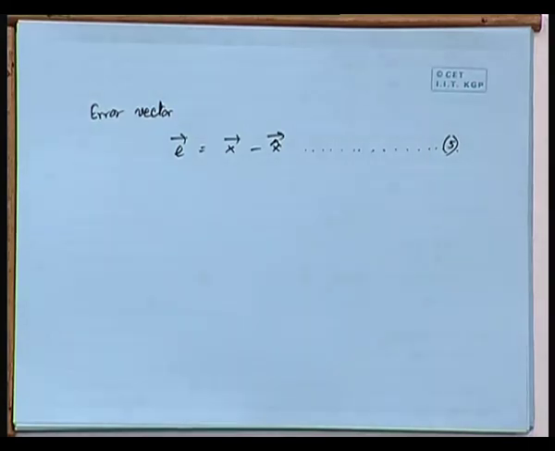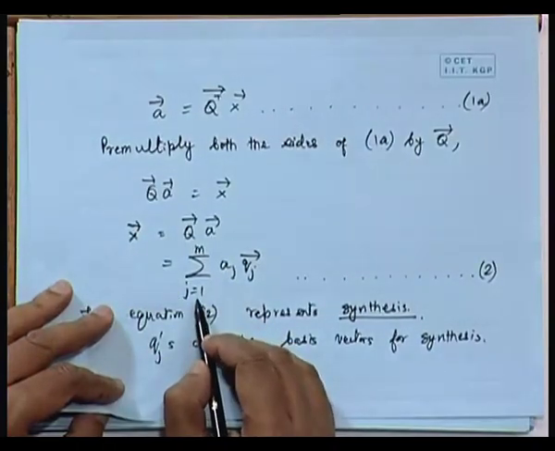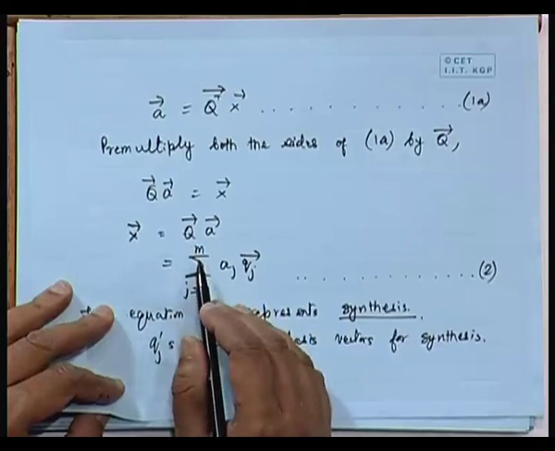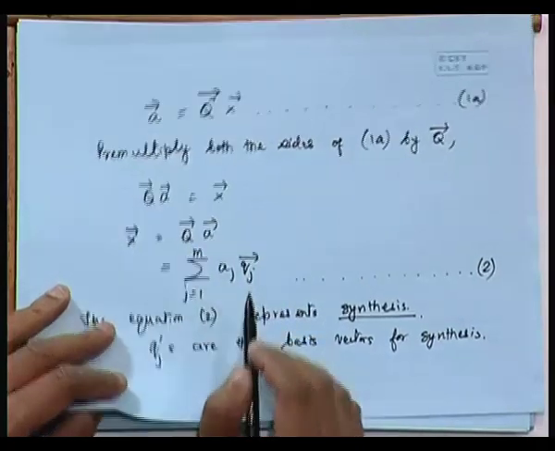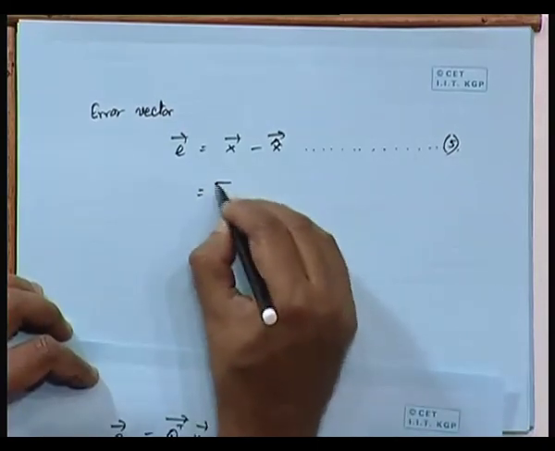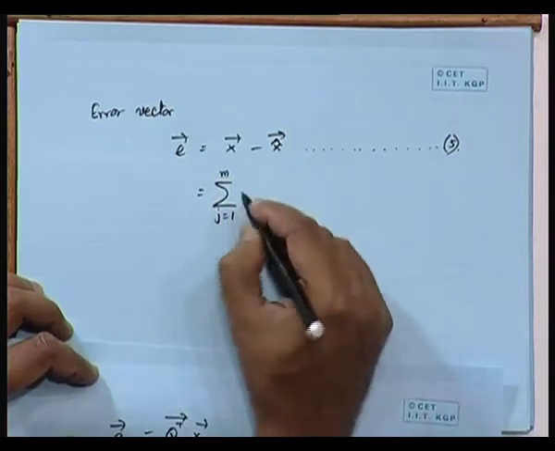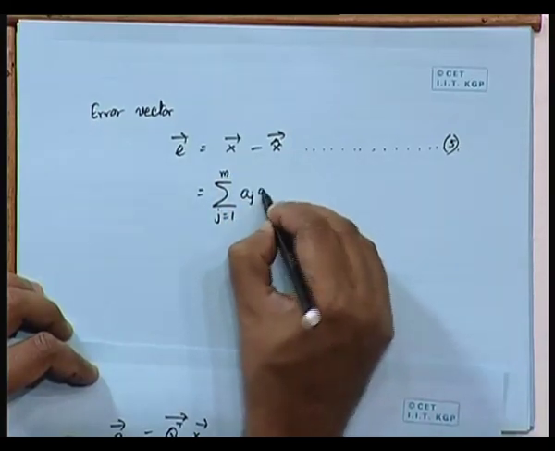Equation 2 tells us that x is equal to the summation j equals 1 to m of aj qj. So, if we write it down, this is equal to the summation j equals 1 to m of aj qj.